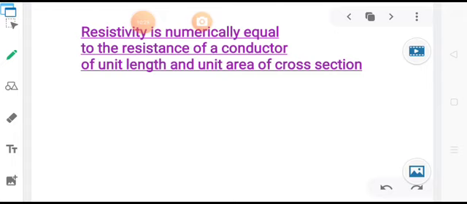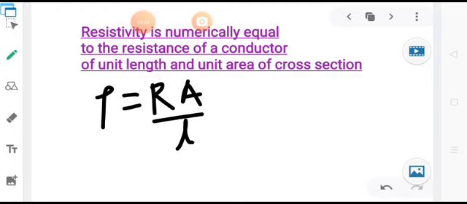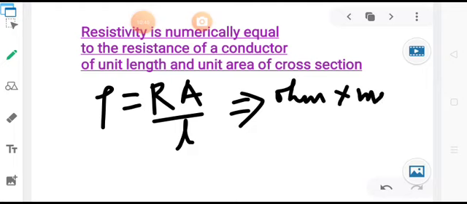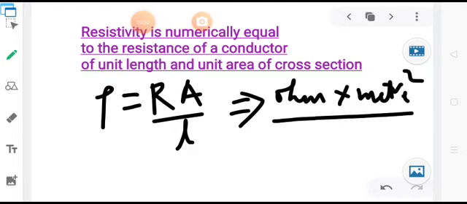Now we obtained an expression for resistivity. So very quickly then we can obtain the unit. So what should be the unit? For resistance, the unit is ohm. For area, it is meter square, and for length it is meter.